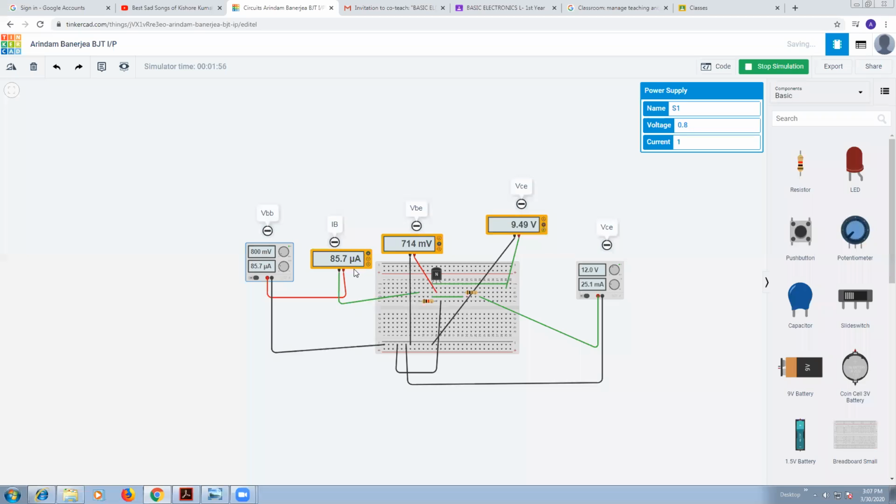Then 1 volt. Then IB is 257 microampere.